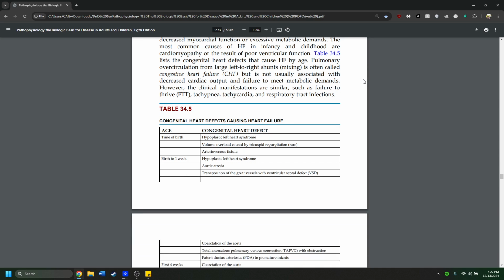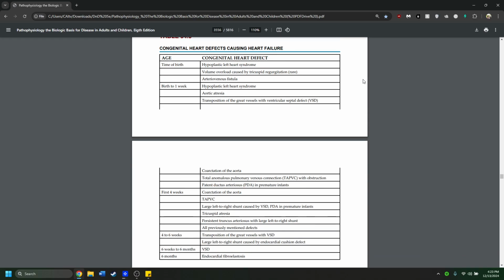So, there are congenital heart defects that cause heart failure. From time of birth, there is hypoplastic left heart syndrome, volume overload caused by tricuspid regurgitation, which is rare, and arteriovenous fistulas.